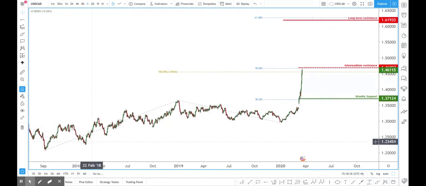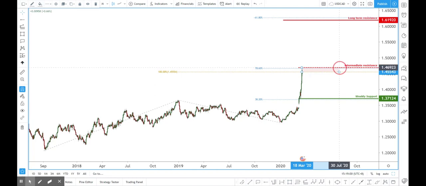Price actually drifted upwards slowly since 2017, and then it made a sort of a sideways movement for a big chunk of 2019, and then in 2020 we see overall Canadian dollar weakness with the US dollar pushing higher. So now this is the zone that we're at. Let me just highlight this zone.